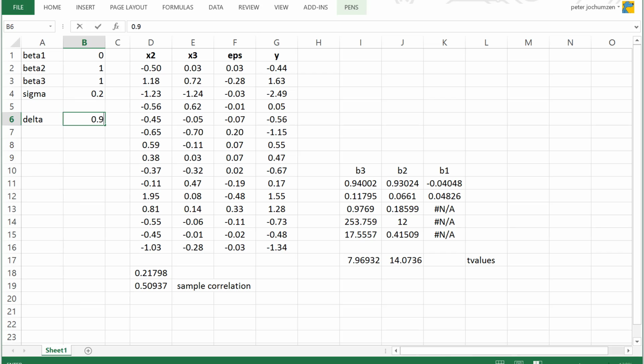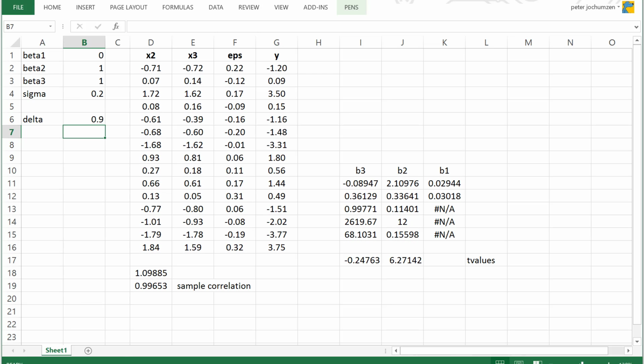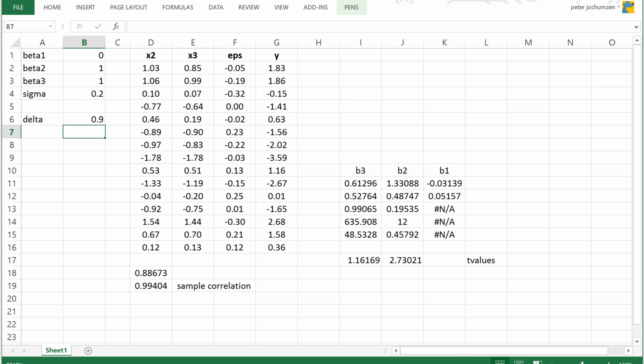Take it up to 0.9, like this, and OLS is beginning to become very unhappy. You can see that the standard errors have increased a lot, and now suddenly in some cases it cannot even tell whether beta 2, in this case beta 3, is significantly different from 0.